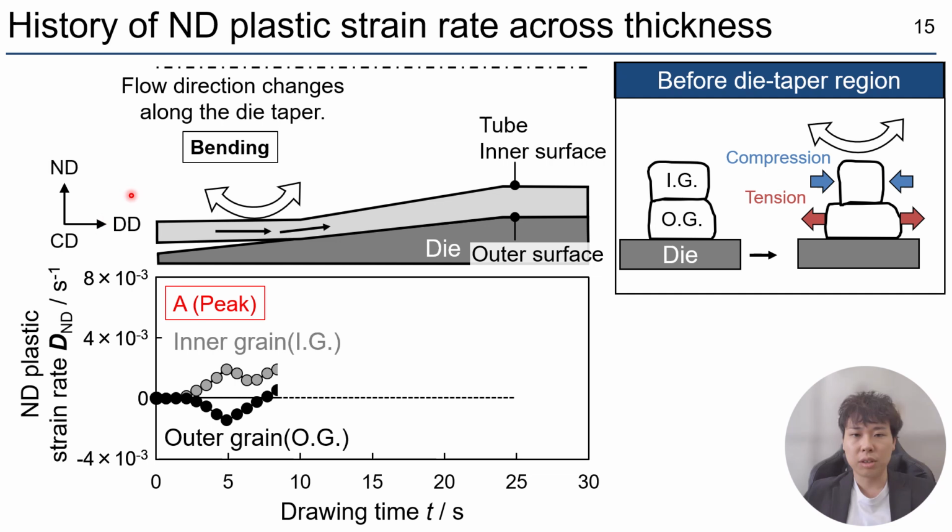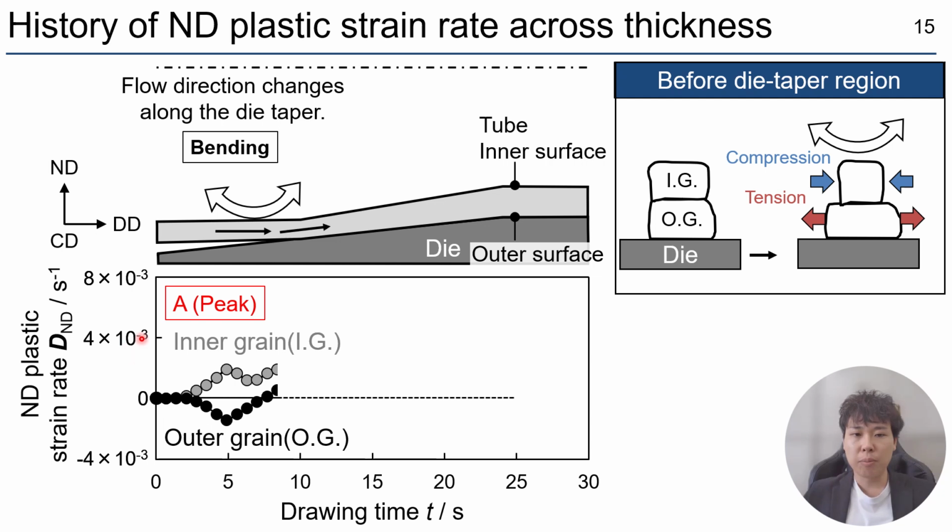This figure shows the drawing time versus ND plastic strain rate in the ND direction. The ND plastic strain rate indicates how fast a grain plastically stretches or shrinks in the surface normal direction.